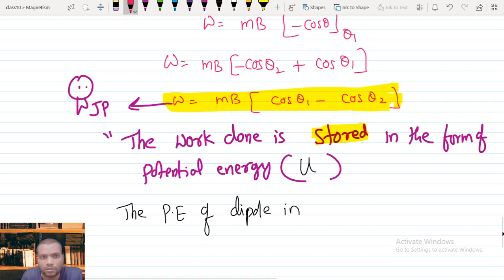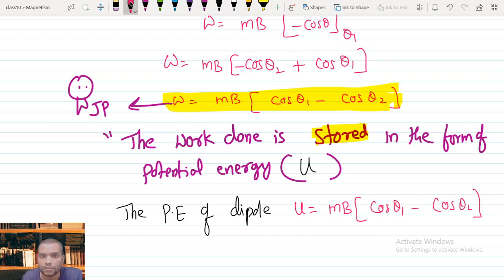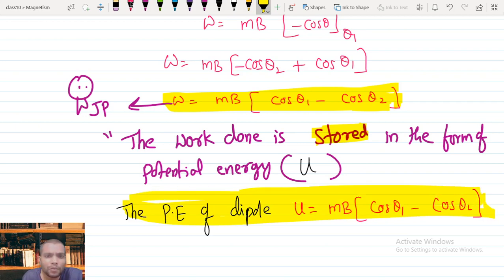U equals mB of cos theta 1 minus cos theta 2. It means we got one more expression. If you place a magnetic dipole in a magnetic field, the magnetic dipole has potential energy.